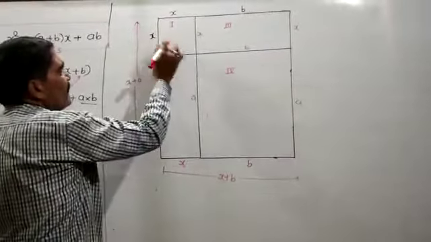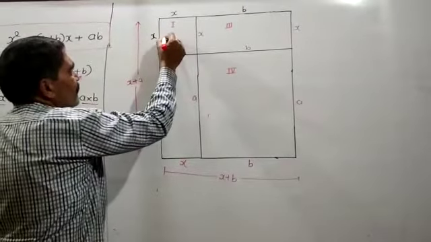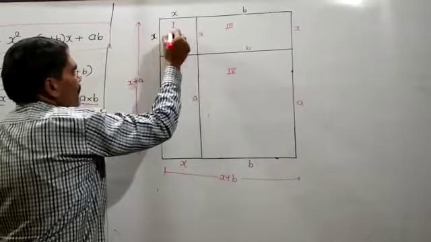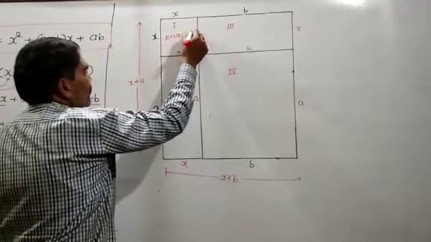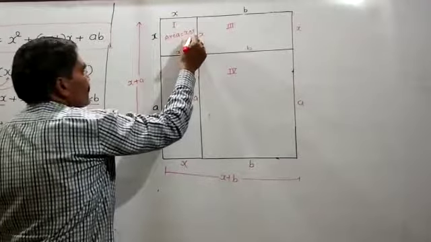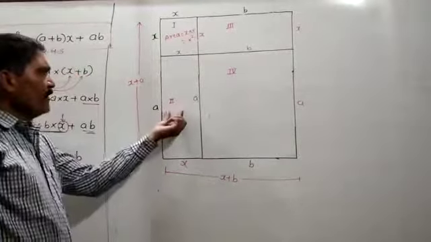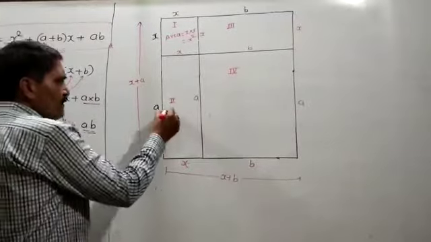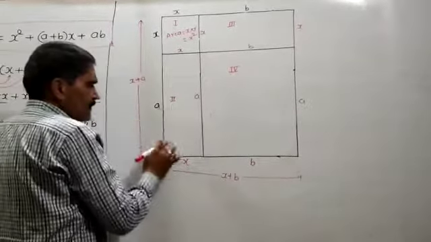Area is equal to side into side, that is x multiplied by x, which is x square. If you want to find out the area of the second part, this is the length, this one is the breadth.